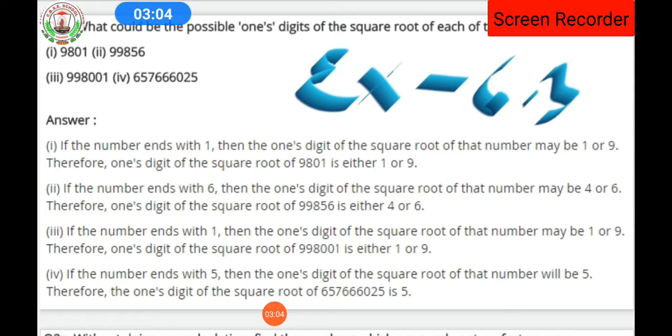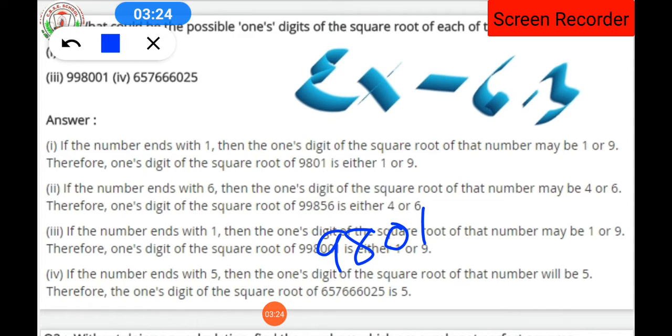Okay, so if we go with this shortcut method, if the number ends with 1, then the ones digit of the square root of that number may be 1 or 9. Here the number we are having is 9801. What is the ones place value?